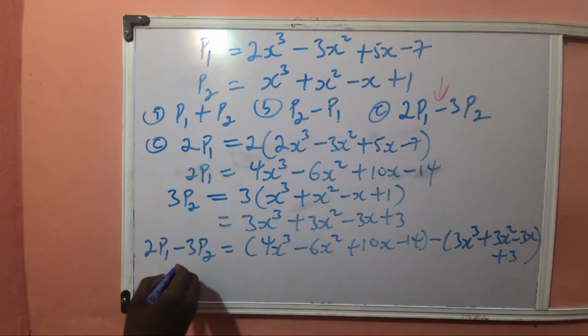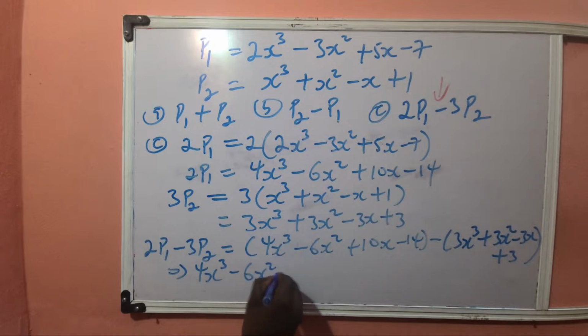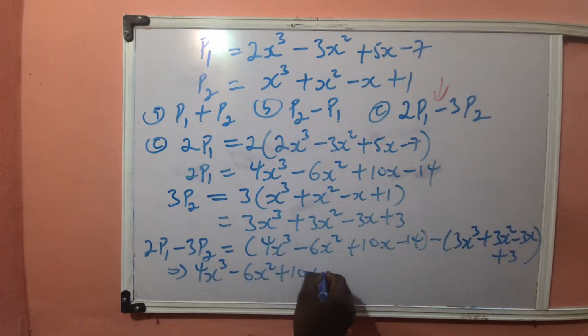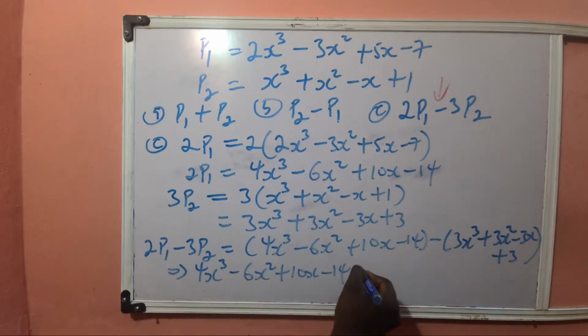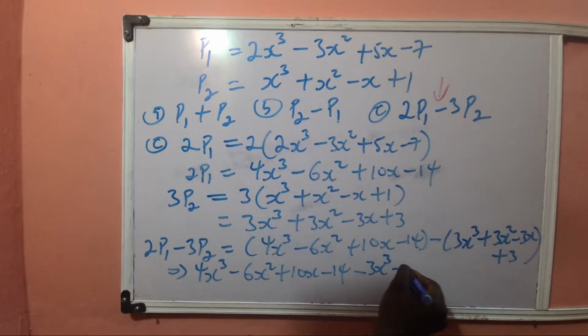All right. So I want to go on now to open up all the brackets. So I'll be having my value of 4x cubed minus 6x squared plus 10x minus 14. Then I have minus 3x cubed. Then minus times plus, we have minus 3x squared.